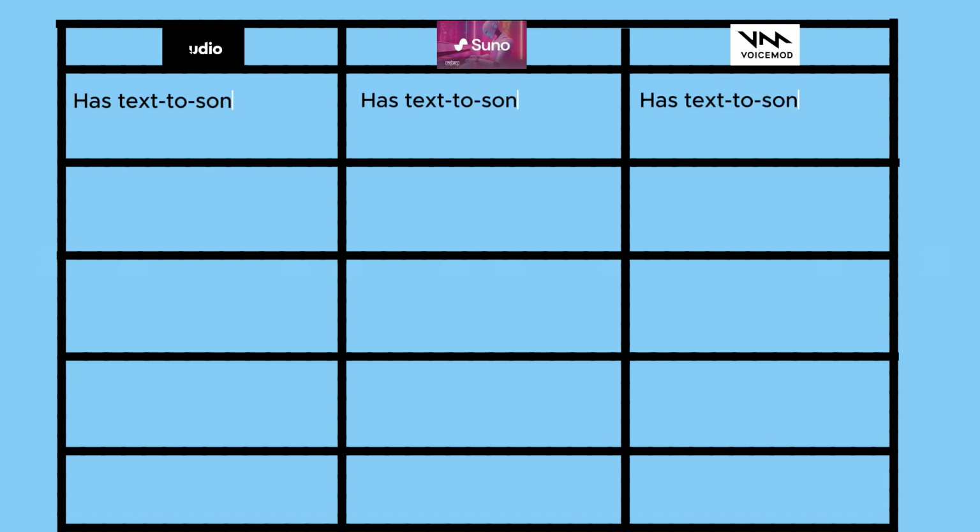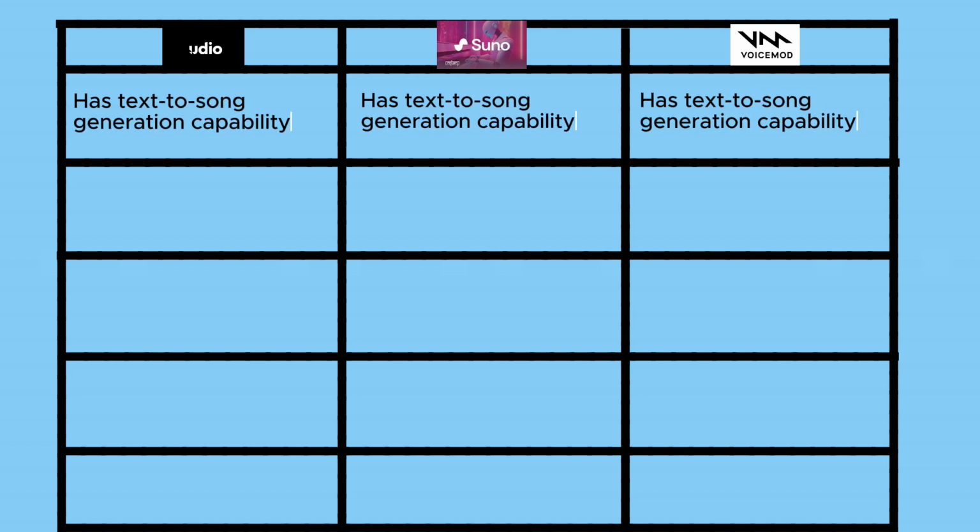Now let's compare the three tools, Udio AI, Suno AI, and Voicemod AI. In terms of text-to-song generation, all three can generate songs from simple texts. For customization options, Udio has limited customization.